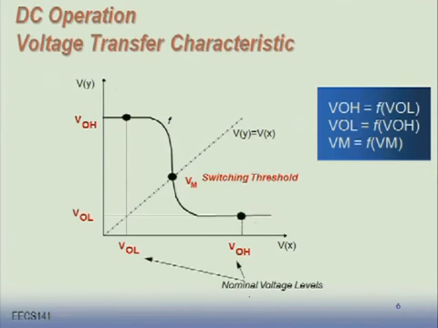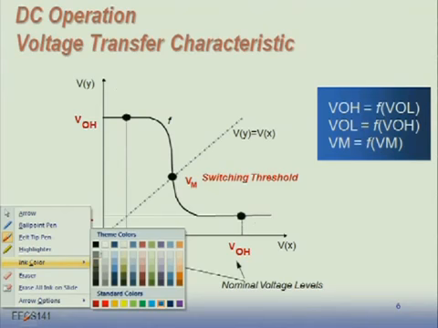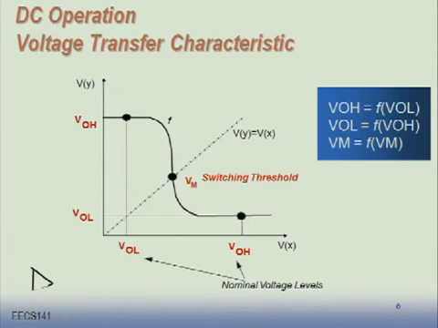Levels that correspond to the output voltages, like V output high and V output low. Put a number of these inverters in a cascade like this, one driving another.